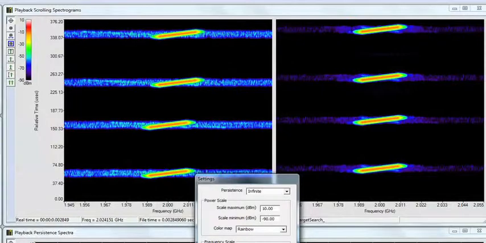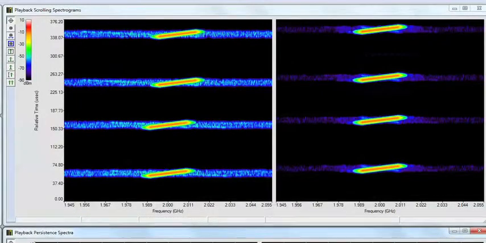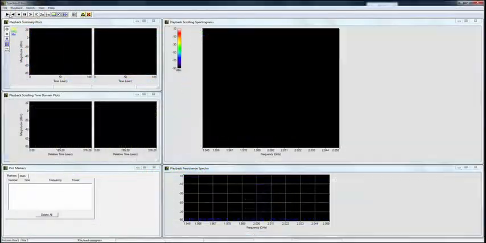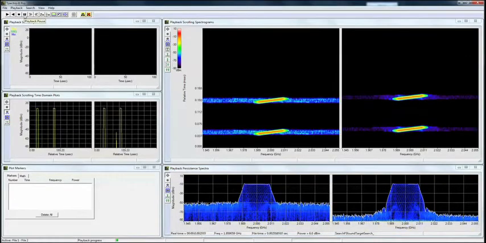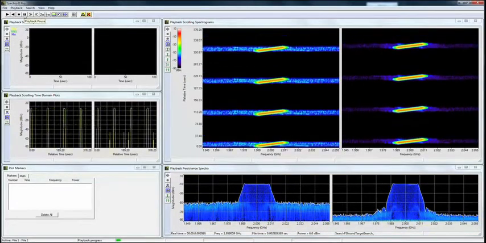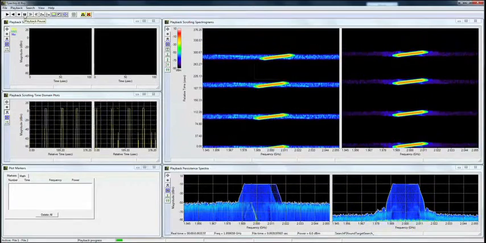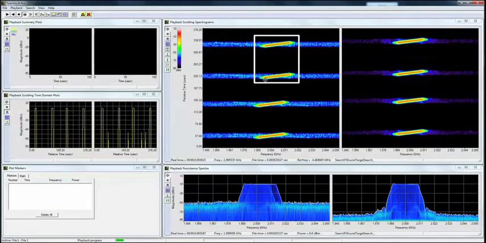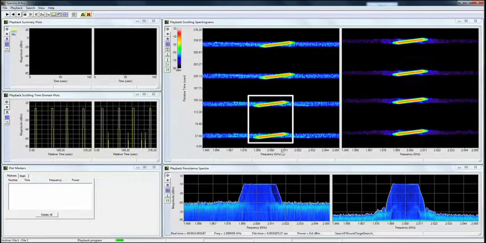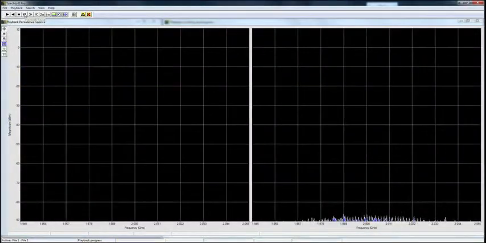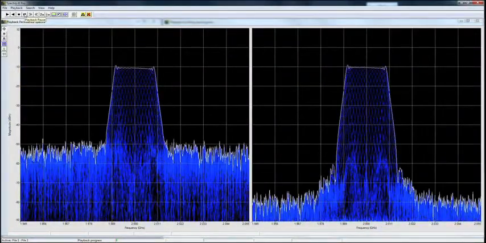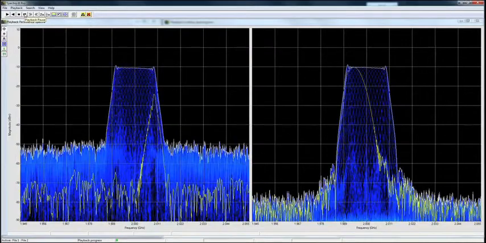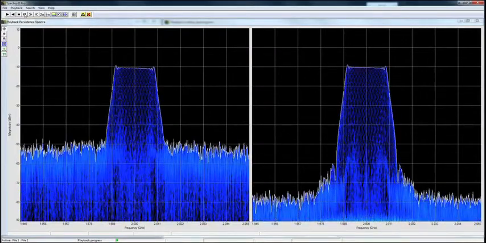So with those turned on, I'm going to go ahead and replay this section of the recorded channel and pick up the two shifted pulses as well as the previous pulses. And with the max hold and infinite persistence in the playback persistence spectrum, it should be fairly easy for us to go ahead and look at those in substantial detail.